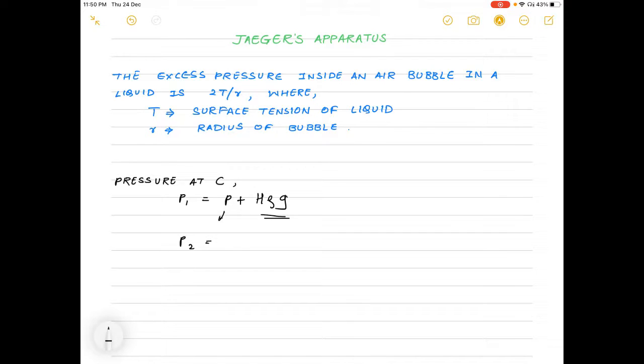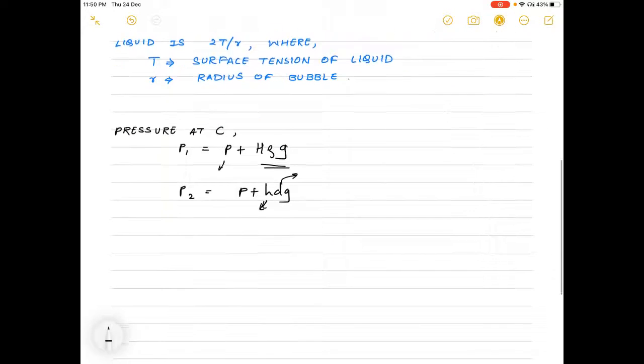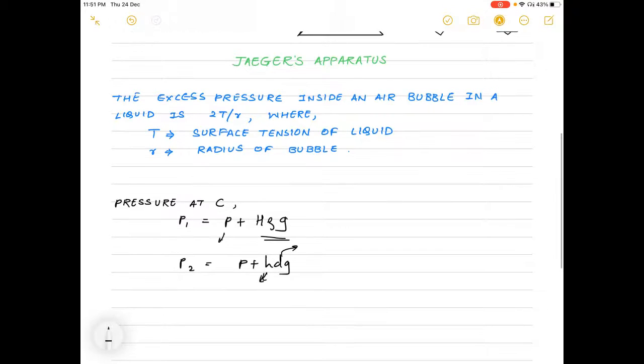So P2 equals P plus h d g, where small h is the depth of the tip B from the surface of the liquid in the beaker, that is, how much of the tube AB is inserted inside the experimental liquid, and d is the density of the water or the experimental liquid.